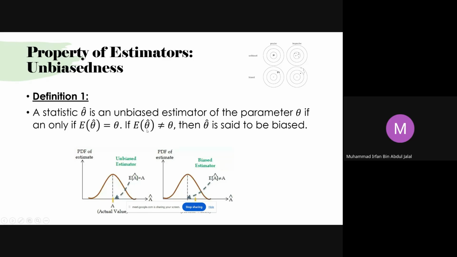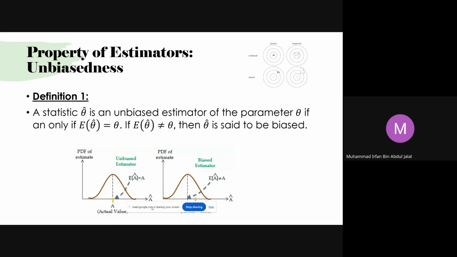If the expectation of theta hat does not equal theta in the long run, then the estimator theta hat is said to be biased. This bias means that on the long-run average it will not manage to estimate theta accurately.